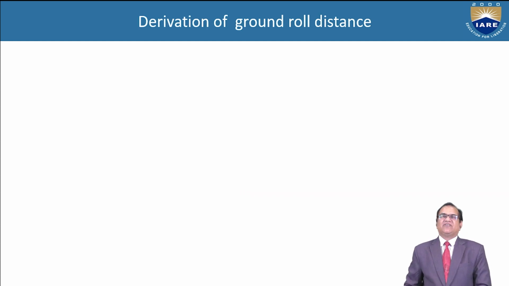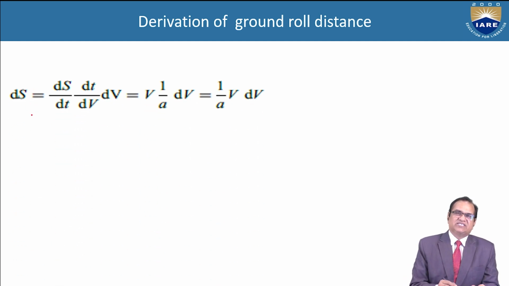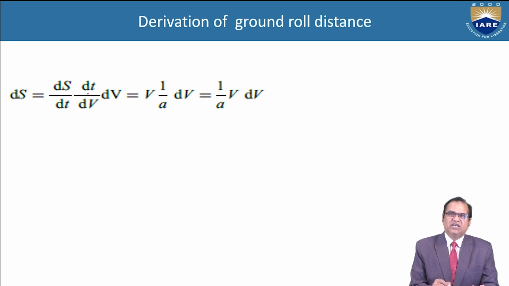Now we will see the derivation of the ground roll distance. We can see here that ds, the distance, is equal to ds by dt into dt by dv into dv. ds by dt is equal to V, and dt by dv is equal to 1 by acceleration, into dv.